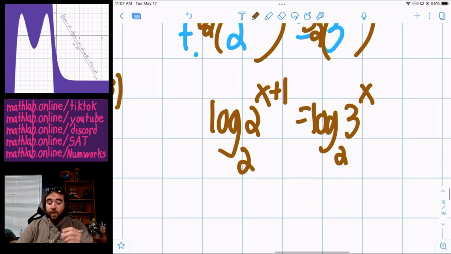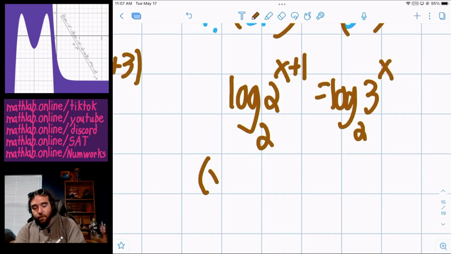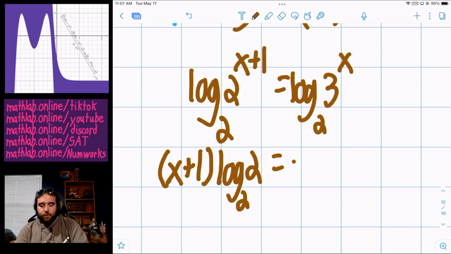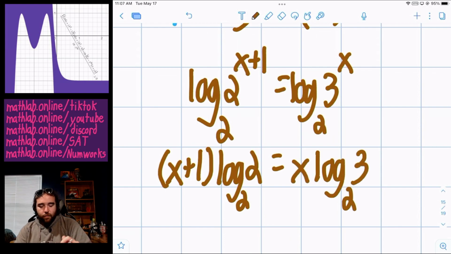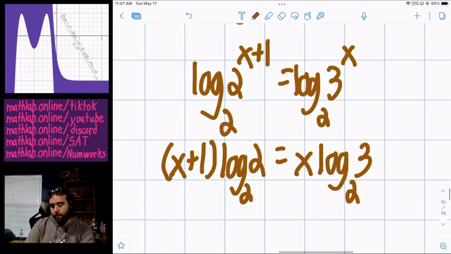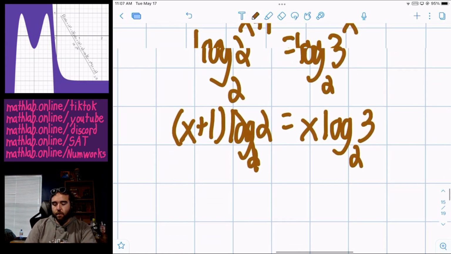So then we can move the exponents to the outside. And so what happens over here, we have x plus 1 times log base 2 of 2. And log base 2 of 2 is just 1. So we can really ignore that. We can't get both of them to go away, but we can at least get one of them to go away. So that's a pretty good deal.